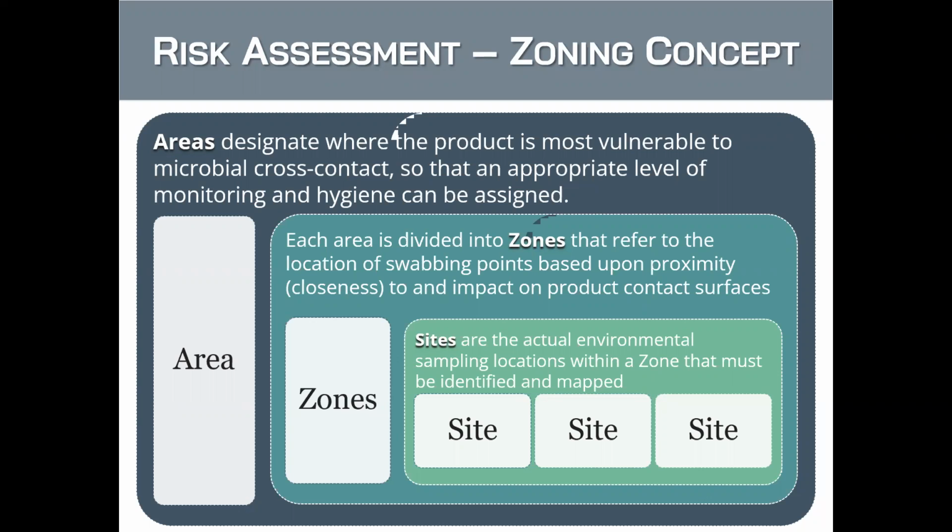Each area is then divided into zones that refer to the location of swabbing points based upon proximity or closeness to and impact on product contact surfaces. Sites are the actual environmental sampling locations within a zone that must be identified as swabbed. So this is a kind of hierarchy of how you name your locations and develop your sampling plan.